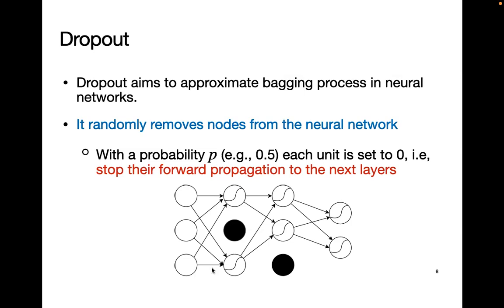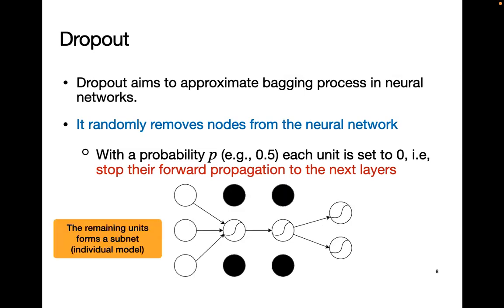And this is a different subnetwork. And by doing so, you can then form a lot of subnets like this. So dropout can, in another setting, turn on these other 2 neurons, and then you have a completely different model. Does that make sense? So by randomly knocking out certain neurons, you're gonna have an ensemble of sub-neural networks.